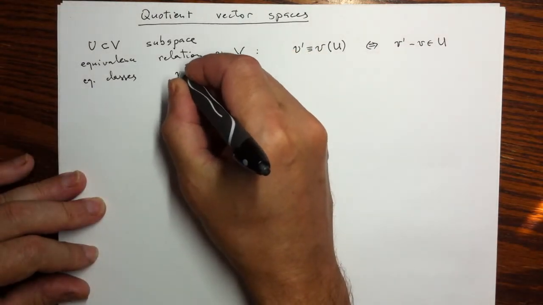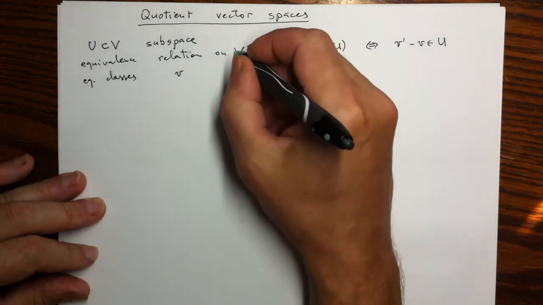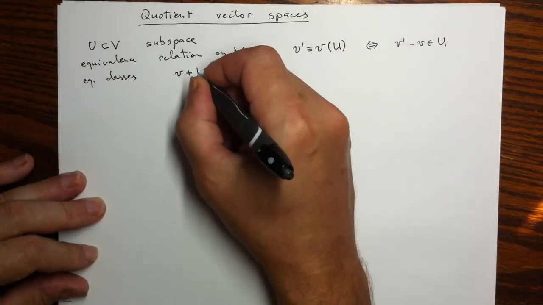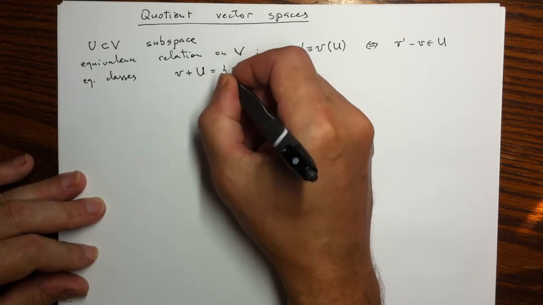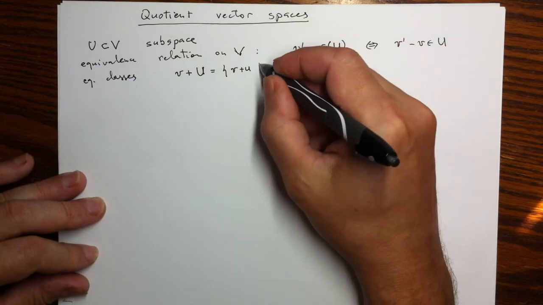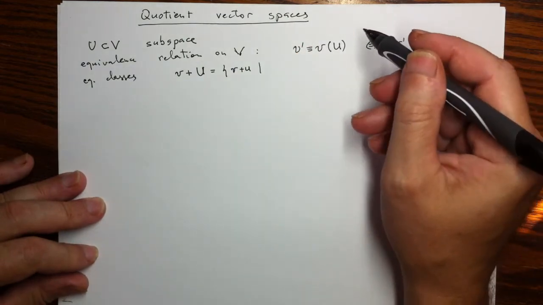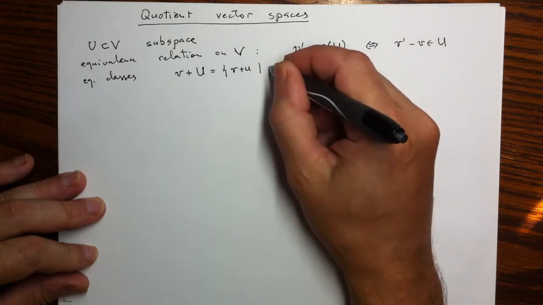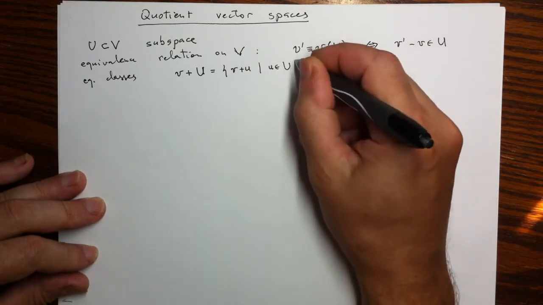The equivalence class of a vector v from the vector space V is, by definition, the set of all possible sums of v, and v is fixed in this story, with all possible vectors from the subspace.